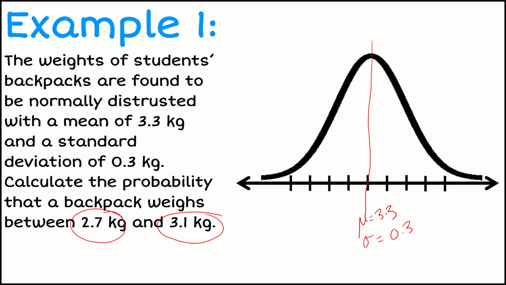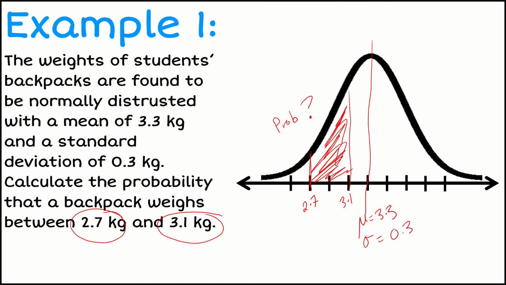So 2.7 is somewhere below the mean, so I'm just going to choose a point here, 2.7, and 3.1 is also below the mean, so let's put that value there, 3.1, and I want the probability of being between those points. Notice how I've shaded that area in. I need to do this diagram, it's quite important. This is the probability that I'm trying to find.